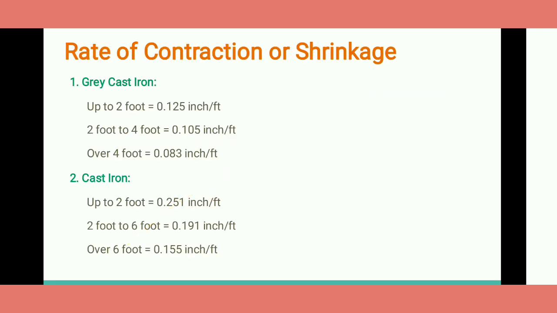Okay, the rate of contraction differs for different materials. Here I have taken two examples, grey cast iron and cast iron.